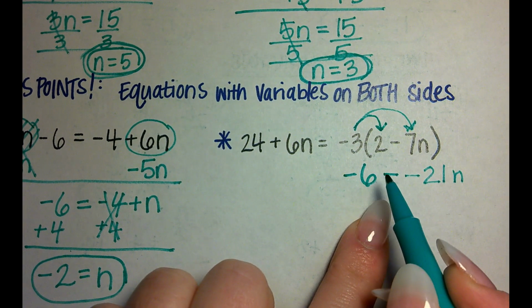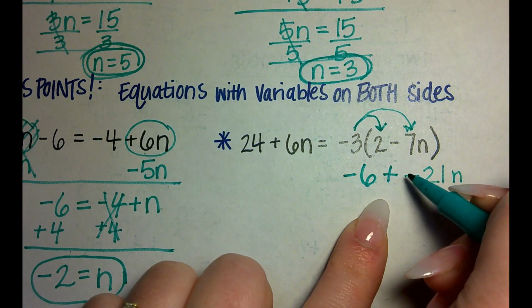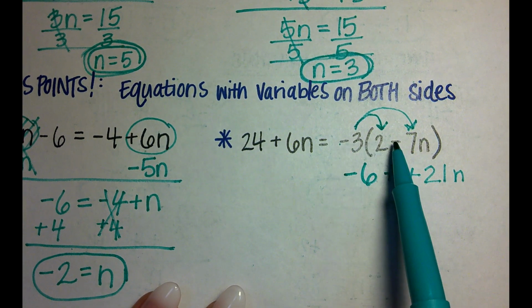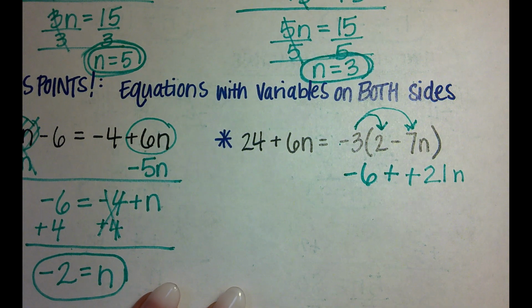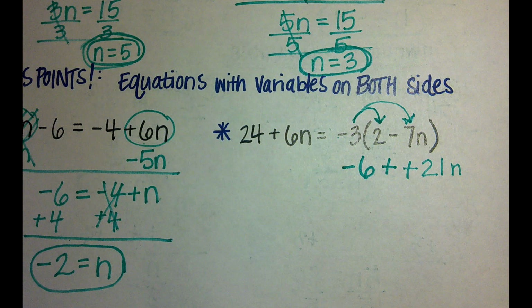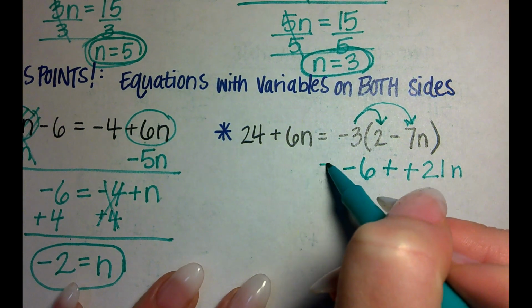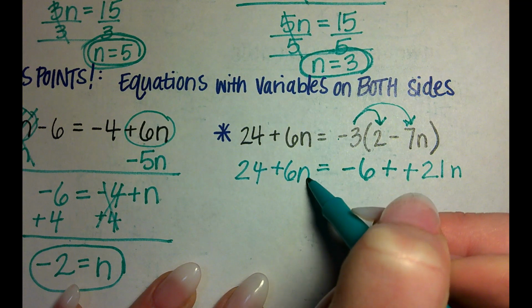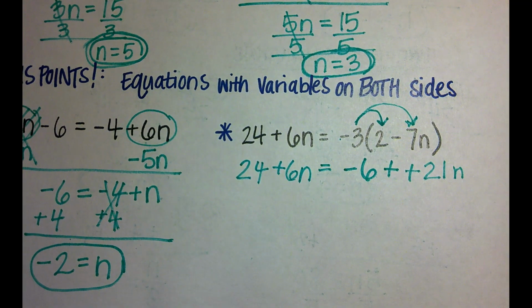And remember, minus negative is the same thing as plus. A negative and a negative cancel, become positive. So we have -6 plus 21n. And we bring the rest down: 24 plus 6n equals -6 plus 21n.